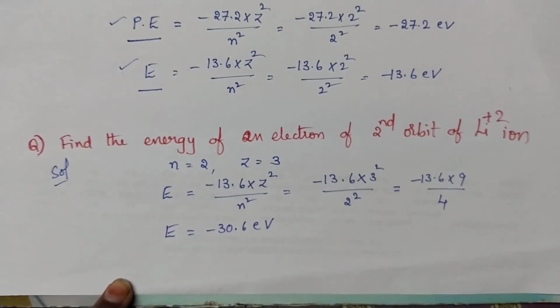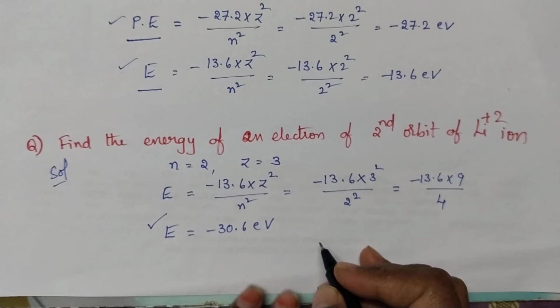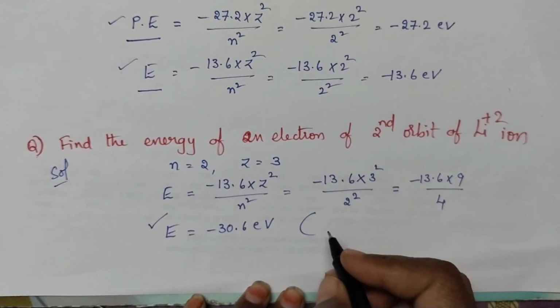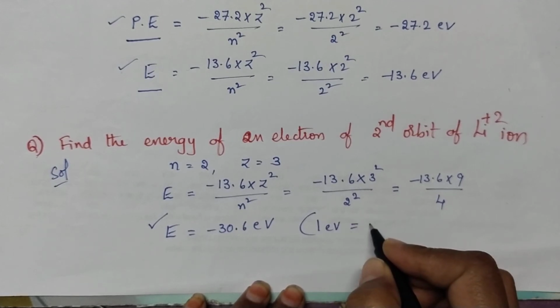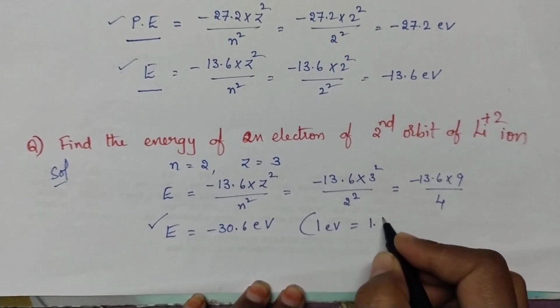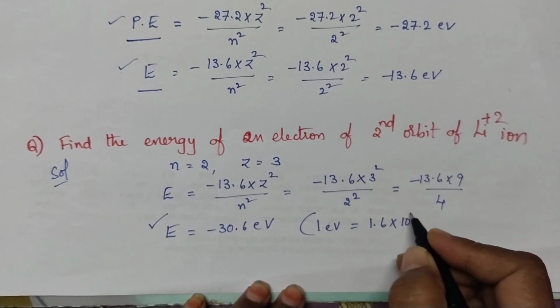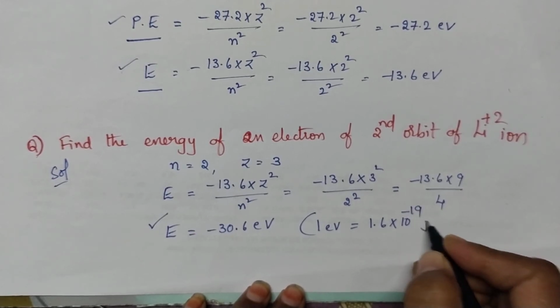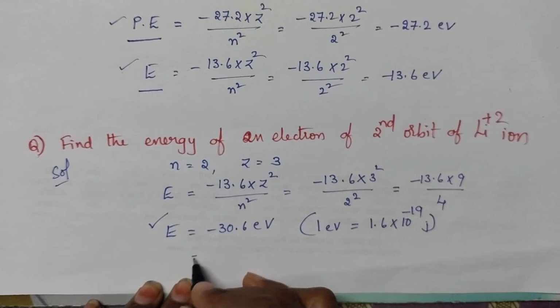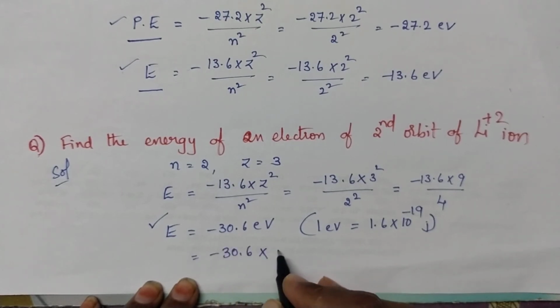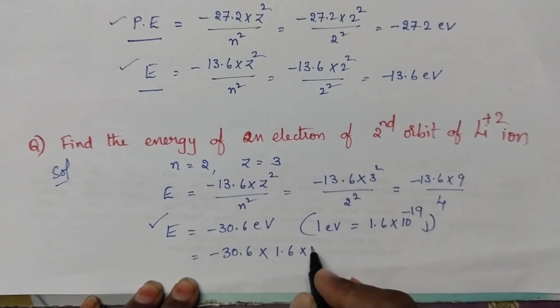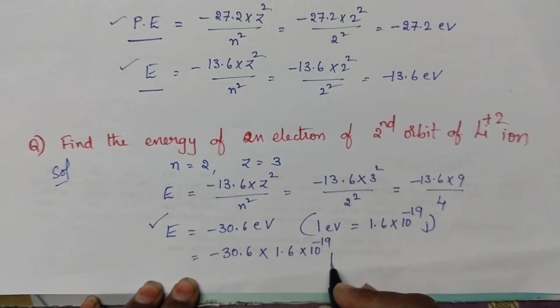Whenever you are supposed to calculate the total energy in terms of joules, it is possible to calculate by using the relation that 1 electron volt is equal to 1.6 into 10 power minus 19 joules. So that is equal to minus 30.6 into 1.6 into 10 power minus 19 joules.